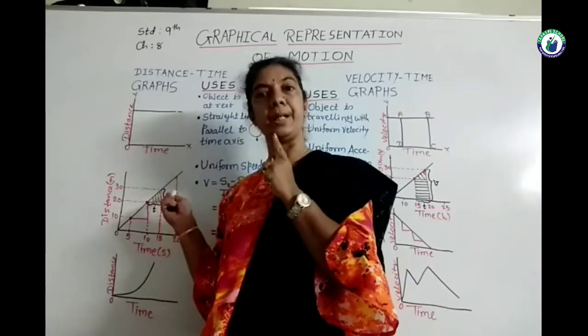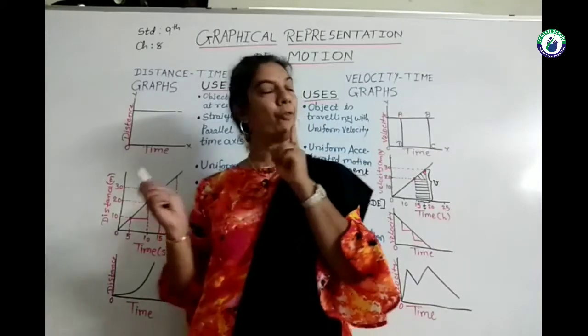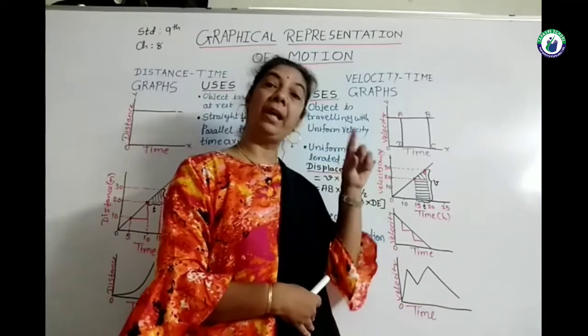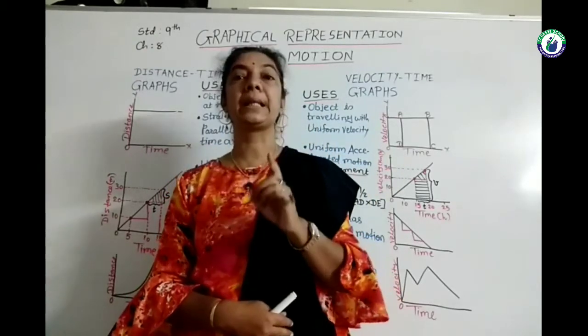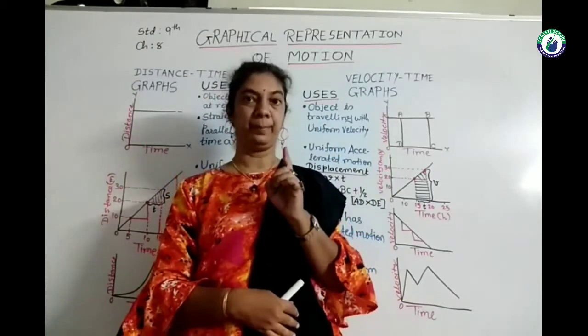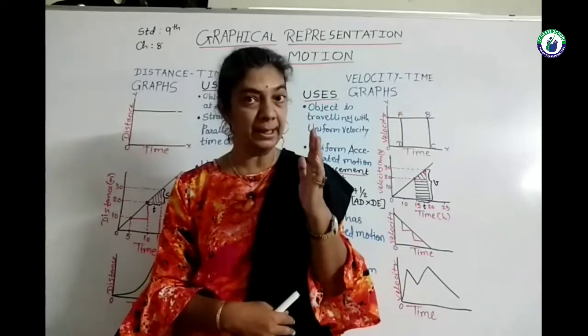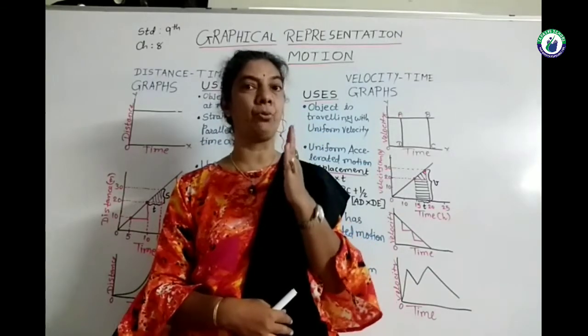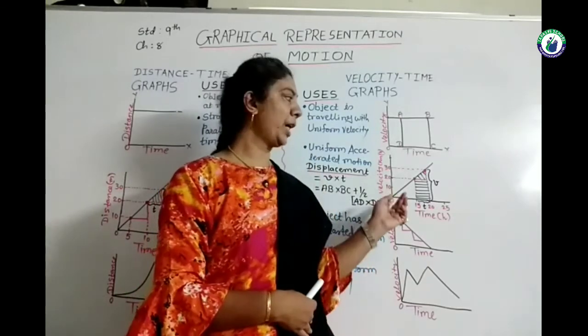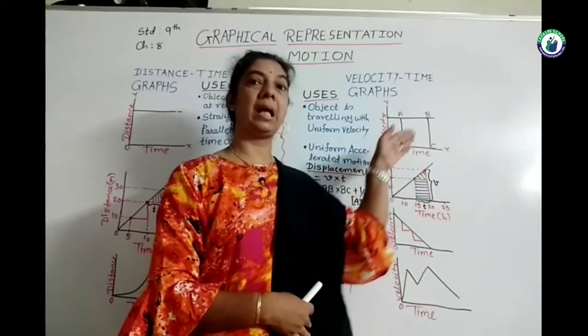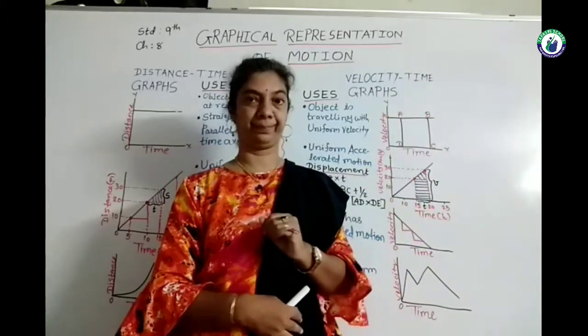Earlier we were getting speed; for the same graph in velocity time, we can find the acceleration. Please listen to this carefully. Then the shape, as usual, is slanting upward.